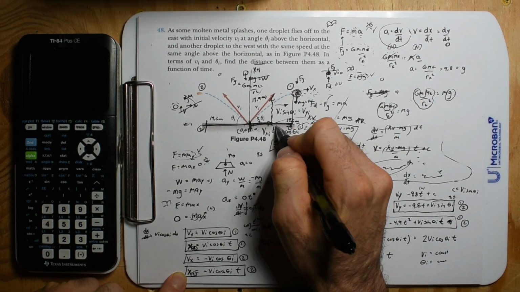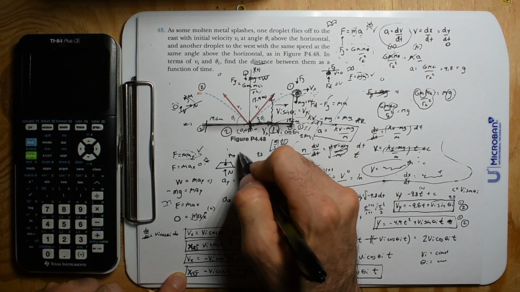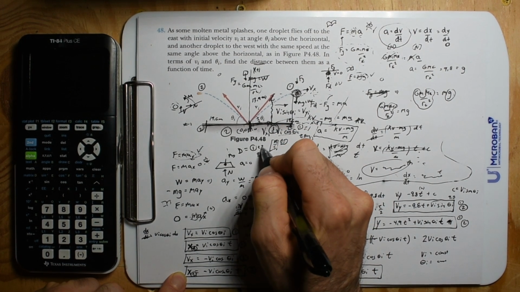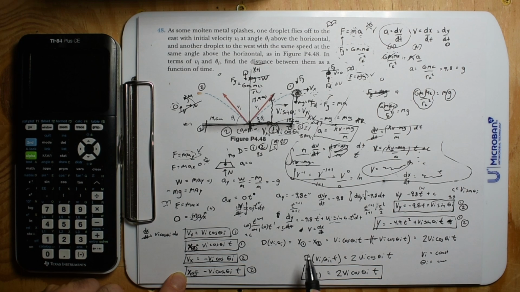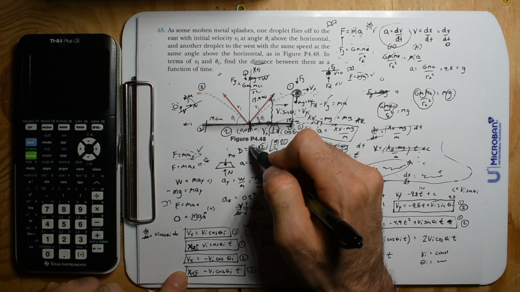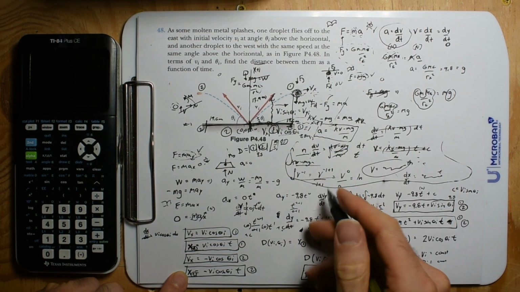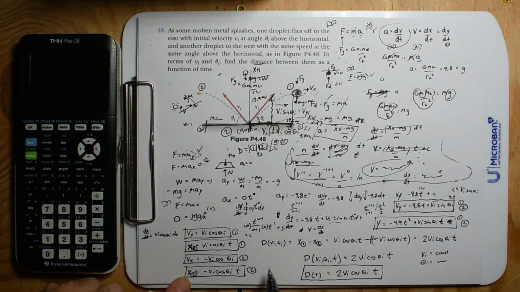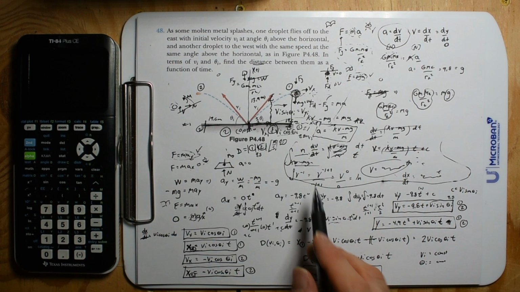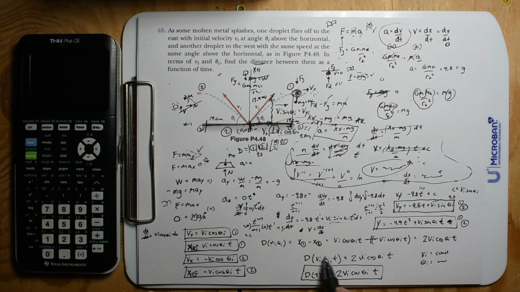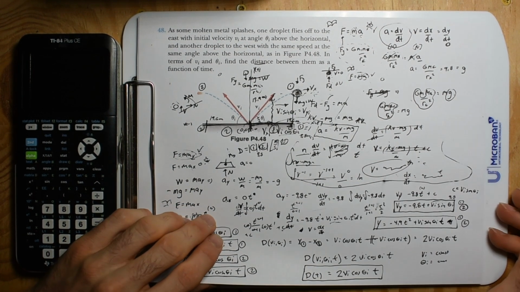So here's distance 1 and here's distance 2, and d is going to be the absolute value of 1 plus 2. We just showed that because this has negative distance, if we did it as the difference between them, we get a positive result. And I think I'm done with that one.